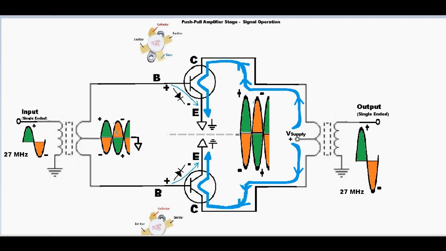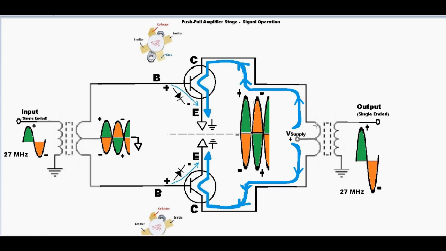On the next half cycle, the lower arm is positive compared to the center tap. The upper transistor is off, and now the lower transistor sees a positive from the base to the grounded emitter, creating flow here, and therefore opening the transistor, allowing the larger current to flow from the higher potential supply through the lower arm, through the transistor, and creating a strong amplified negative going pulse here.